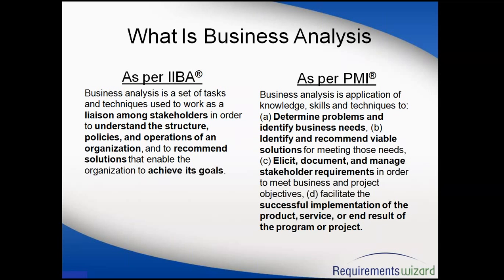Now this is a definition of business analysis. But it's very important to know that the BA is responsible for eliciting the actual needs of the stakeholders and not simply their expressed desire.